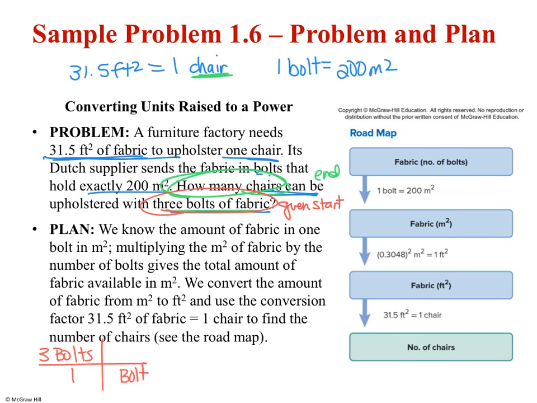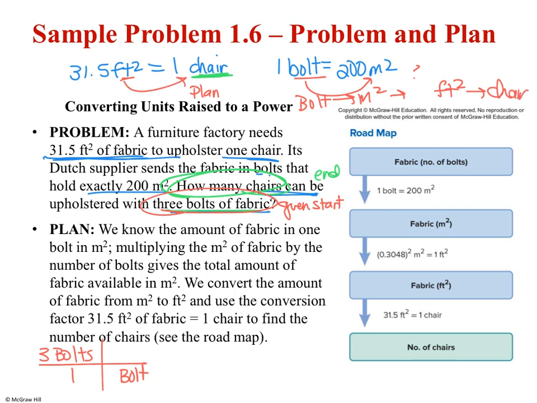Okay, so now this is our plan, we can go from bolt to meter squared, right? But then we need to go somewhere to get to feet squared to get to chair, because we can go from feet to chair.